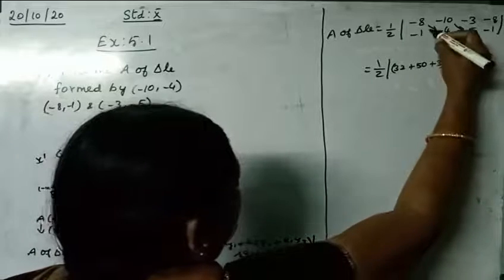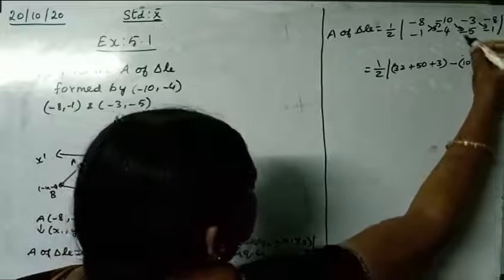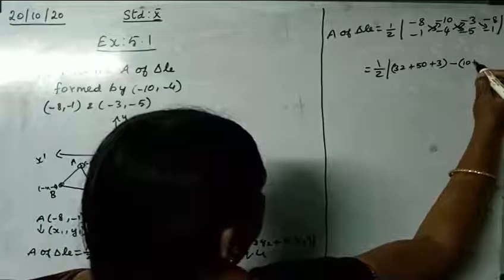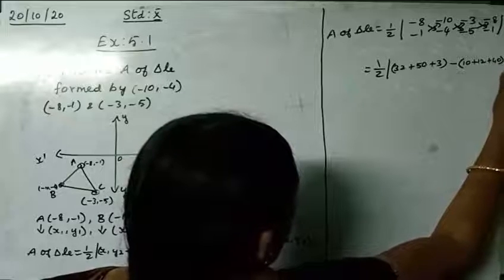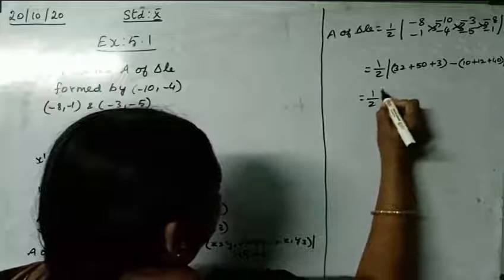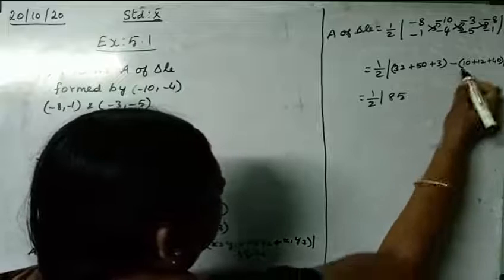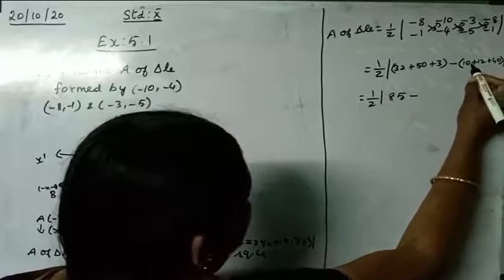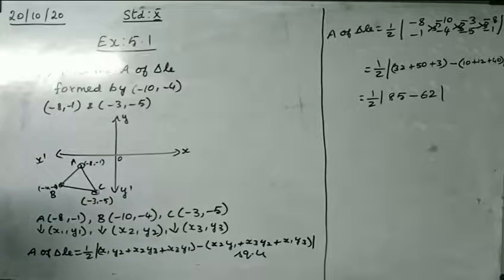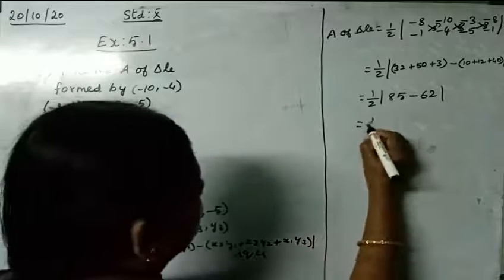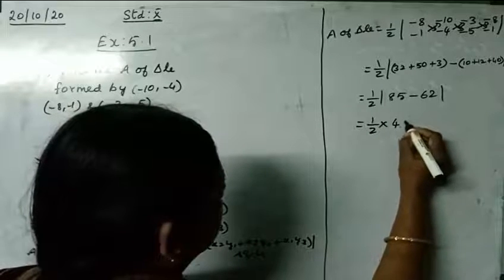Minus: -1 times -10 is plus 10, -4 times -3 is plus 12, -5 times -8 is plus 40. So which is equal to 1 by 2 of 85 minus 62. Adding these numbers, 32 + 50 + 3 is 85 and 10 + 12 + 40 is 62. So the answer is 1 by 2 into 85 minus 62, which is 43.